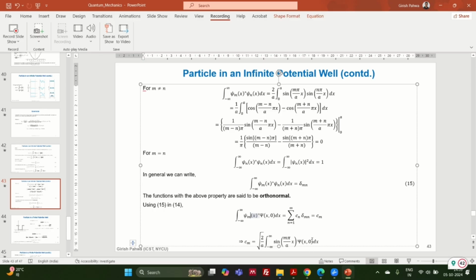Okay, in general, now I can tell you this formula is actually in general valid, provided this psi m you are talking about has to be an eigenfunction of the energy. If you have an eigenfunction of the energy, you can do this.